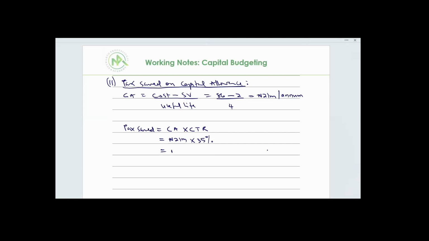What do you have as annual tax saved on capital allowance? 21 million multiplied by 0.35 gives approximately 7 million per annum.